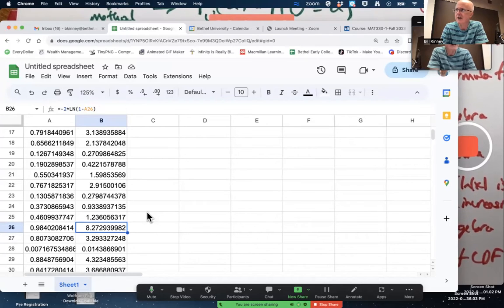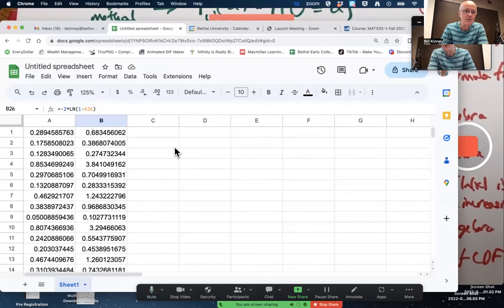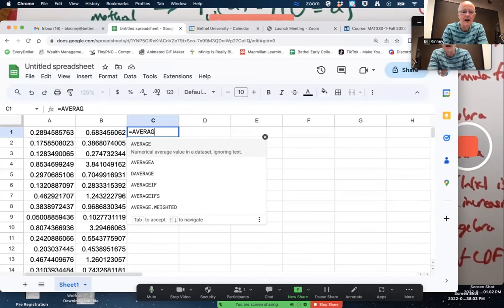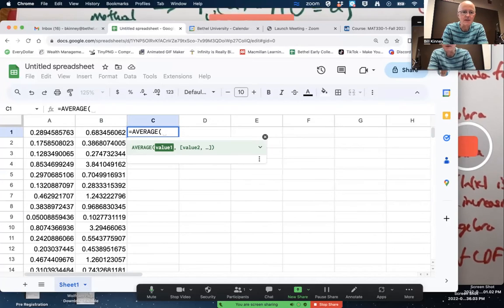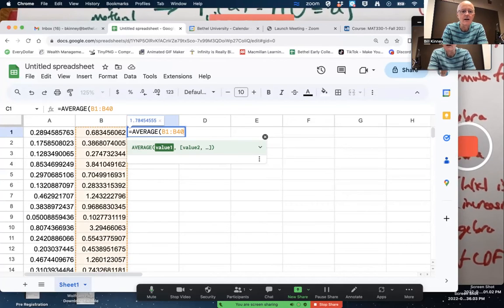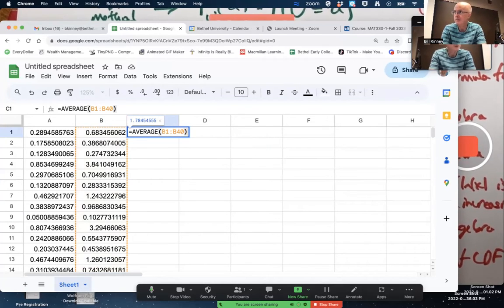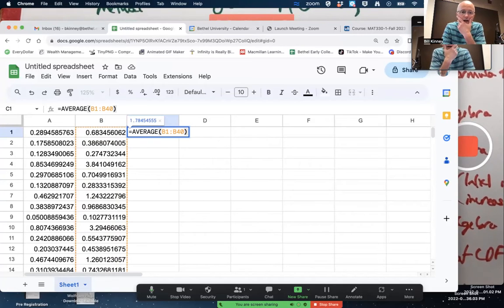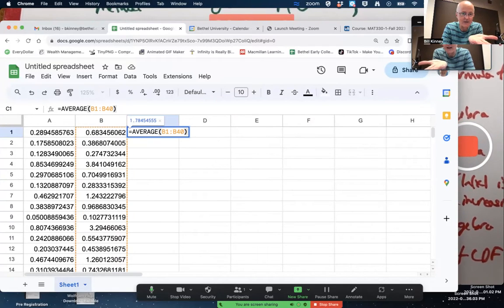Is there a way to check if this seems to be simulating an exponential distribution with mean 2? Well, we could at least find the mean, B1 through B40. Of course, when I do this, it's going to change all the numbers again, but that's not a big deal. Equals average will compute a mean. With this particular data set, I don't know if you can see the numbers, it says 1.78. Let's enter it.